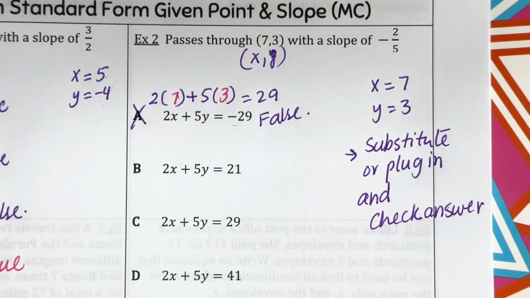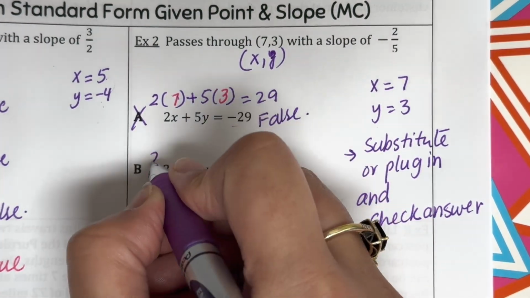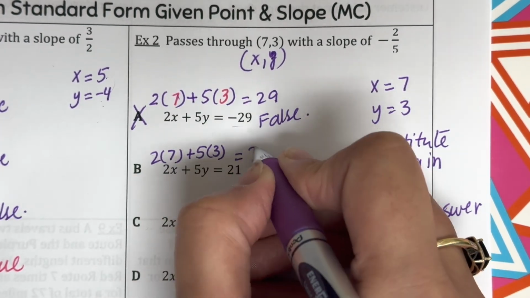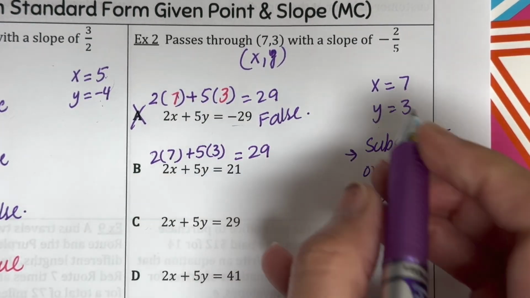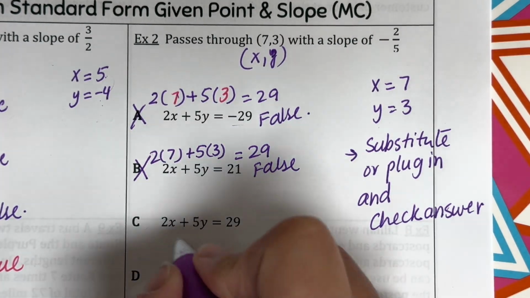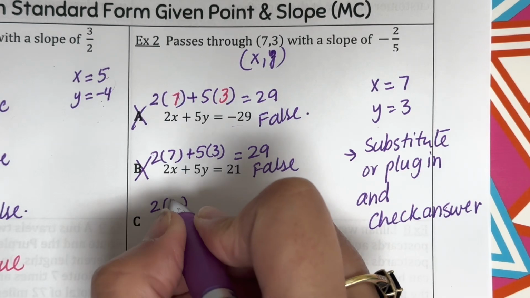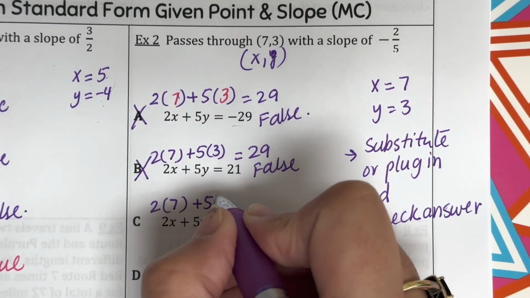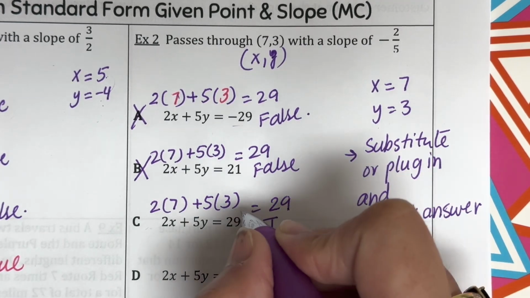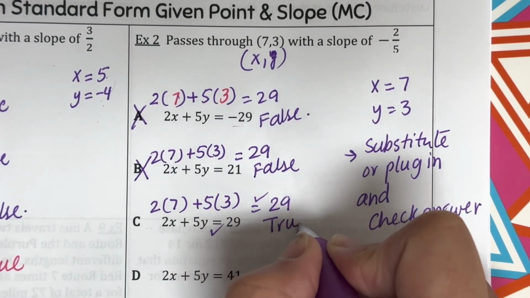That's not my answer. Same equation, you do the same process. It is 29, but this one is saying 21. So again, this is false. 2 times 7 plus 5 times 3 equals 29, and this one is 29, so that's true.